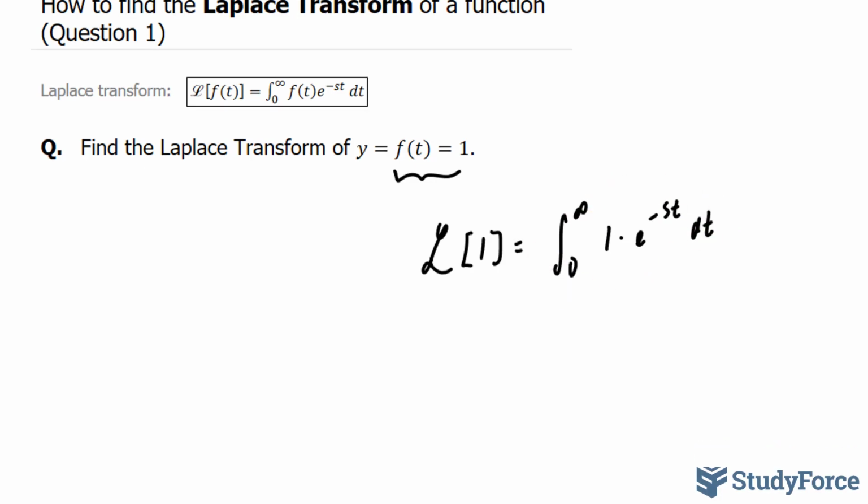The first thing that I'll do to find the integral of e to the power of negative st, because this 1 doesn't matter, a coefficient of 1 doesn't do anything, we have negative st will be replaced with u. And I'll differentiate this implicitly with respect to t. This gives me du on the right side, and on the left side we have negative s dt.